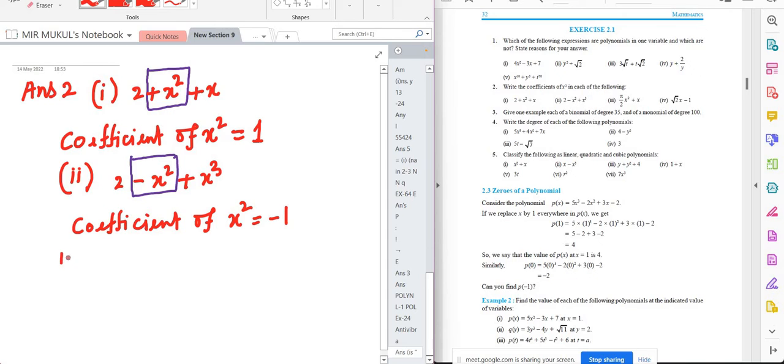And the third one is pi by 2 x squared plus x. Who will tell? Akshara?